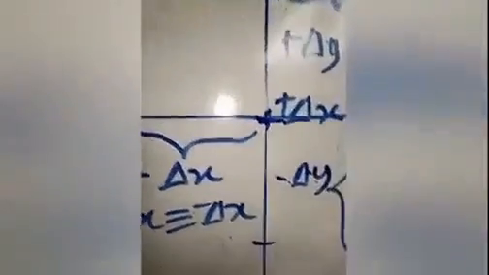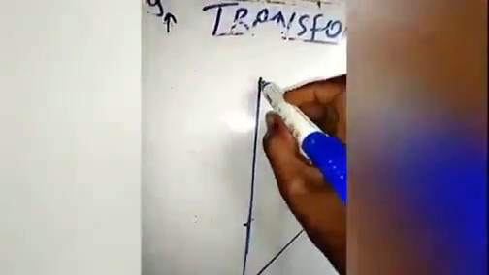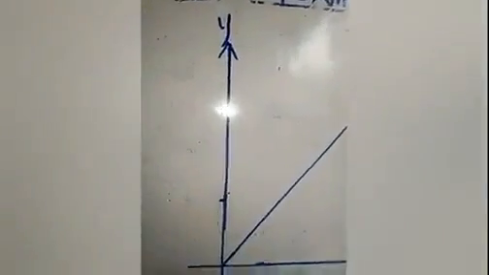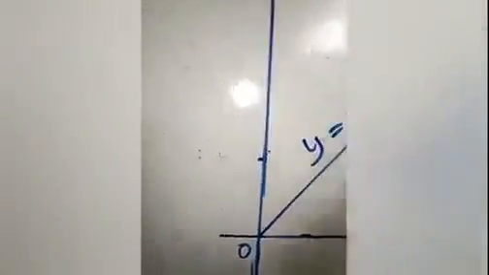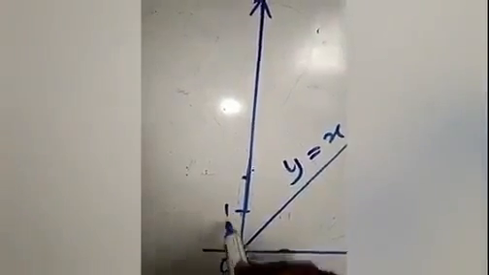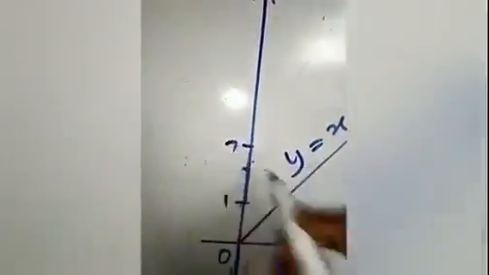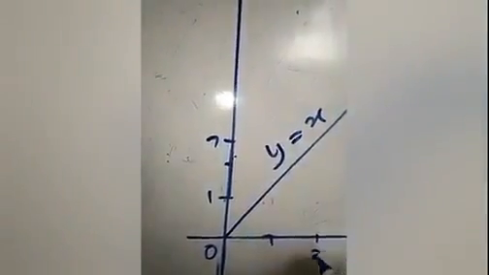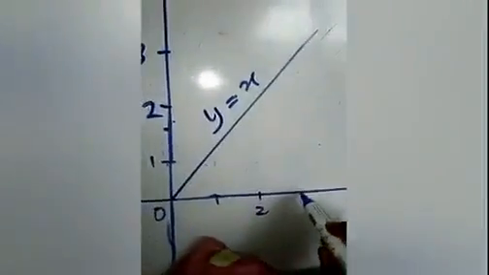Now, if perchance I have my x and y as a graph of y equals x, meaning when x is 1, y is 1; when x is 2, y is 2; when x is 3, y is 3.